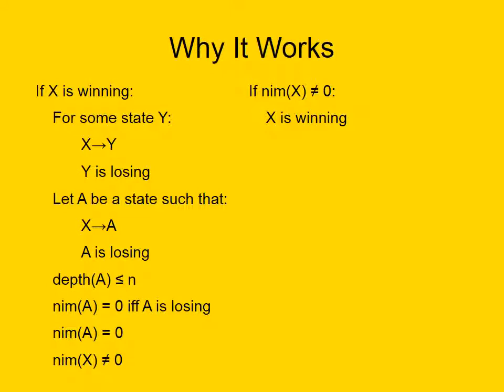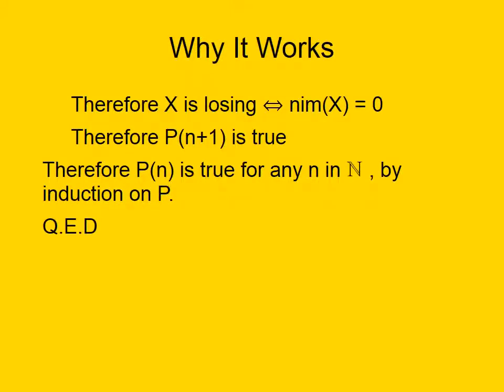Therefore, nim(A) is equal to 0. Therefore, nim(x) is not equal to 0. If nim(x) is not equal to 0, then x is winning. Therefore, x is losing if and only if nim(x) is equal to 0. Therefore, P(n plus 1). Therefore, by induction, P(n) holds for any n in natural numbers, QED.